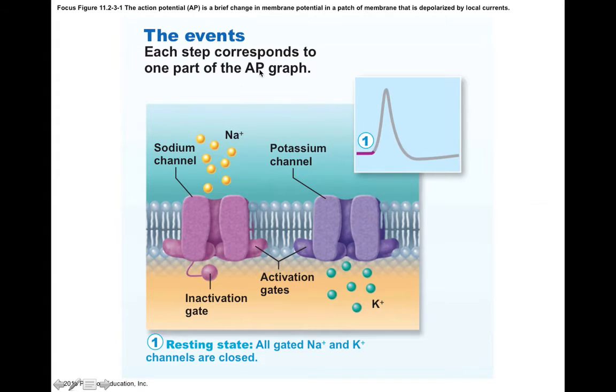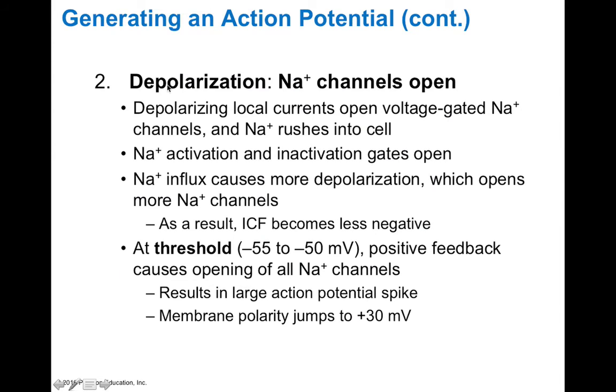Now, in terms of the events of the action potential, we find that at rest, only the leakage channels are open. Because of potassium leakage, the voltage is fairly negative because potassium is leaving the cell through that leakage channel. But if there's enough depolarizing stimulus, these voltage-gated sodium channels swing open. We call this the depolarization phase of the action potential. When these voltage-gated sodium channels open, sodium rushes into the cell.